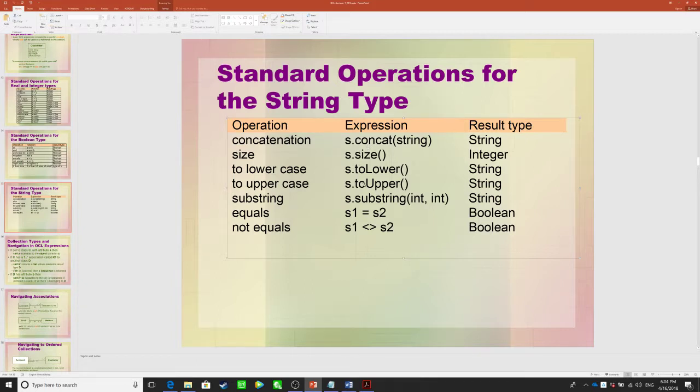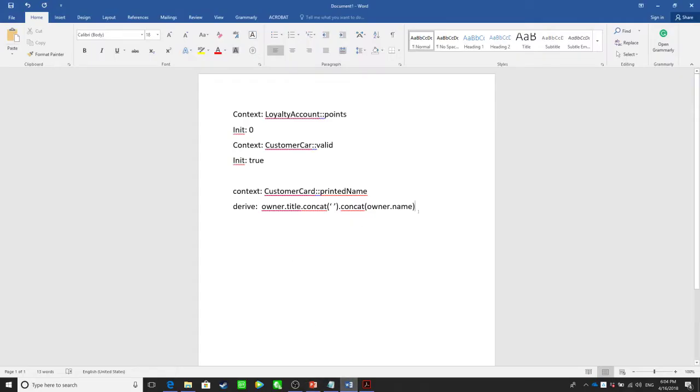Just like when you're using Java, it has this in there. The OCL is not Java, but it also has this defined. So this whole thing is a value of string. After the derive, we directly specify the value. Alright, so that's how we use this derive. We don't write printed name equal to, that's not how we do derive.